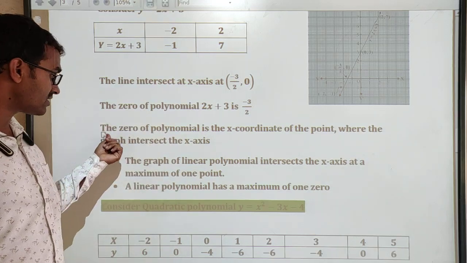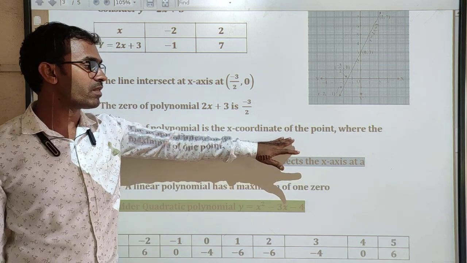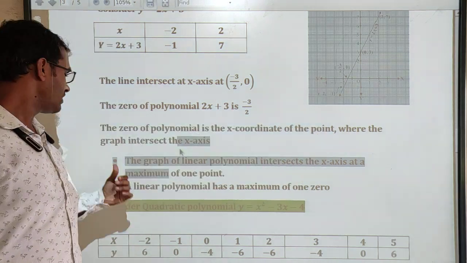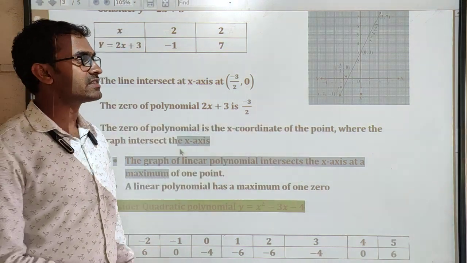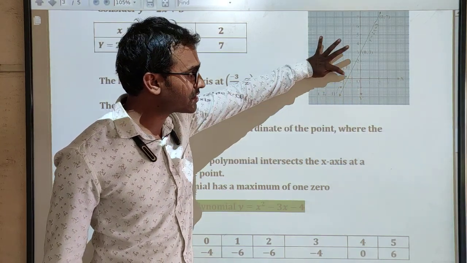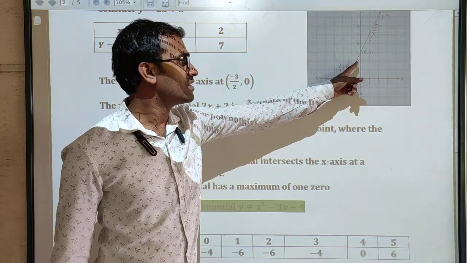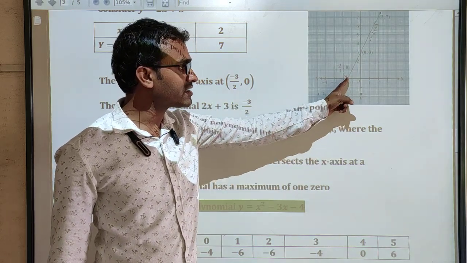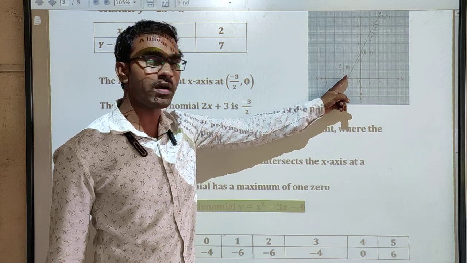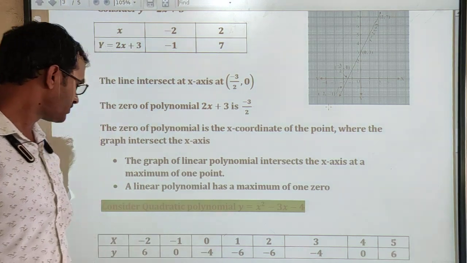This point where the graph intersects the x-axis is called zeros of a polynomial. This graph intersects the x-axis at the point minus 3 by 2. The minus 3 by 2 is the zeros of the polynomial.